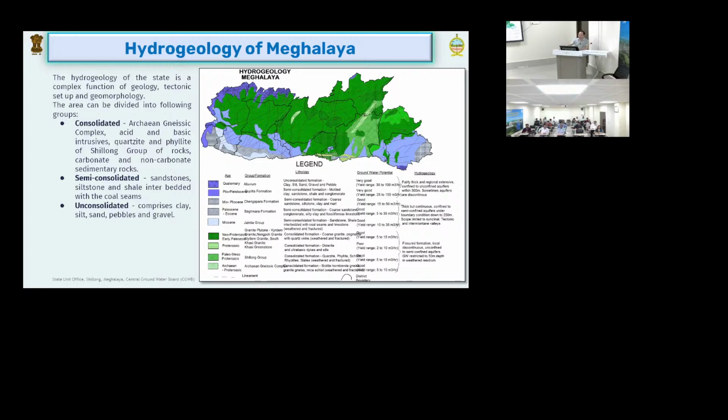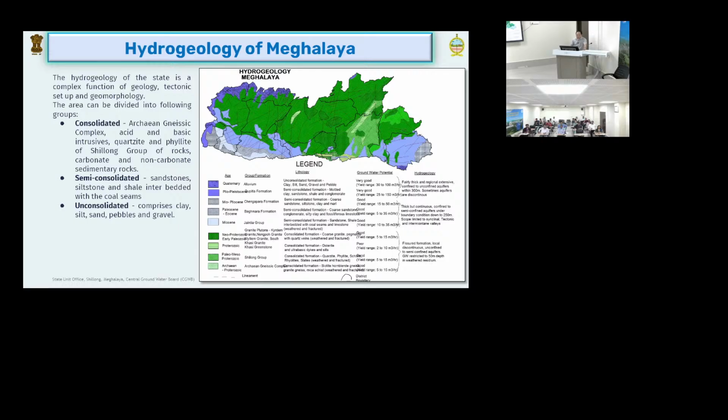For consolidated formation, we can see in this map that most of the area is underlain by consolidated formation, which is the hard rock, and it comprises quartzite, intrusives like the Shillong group of rocks, and carbonate and non-carbonate sedimentary rocks like limestone. Those are hard rock formations. Then semi-consolidated formation, especially in the Garo Hills area, we can find some sandstone, siltstone, shale, interbedded with coal seams.